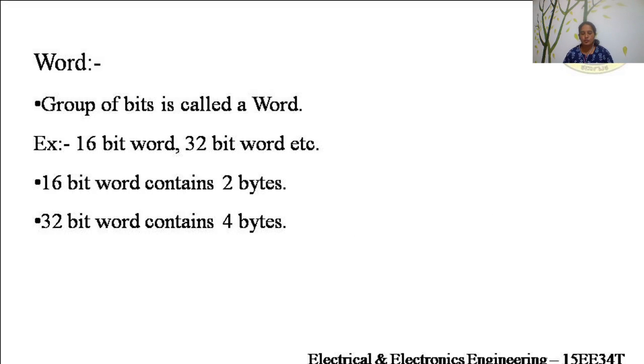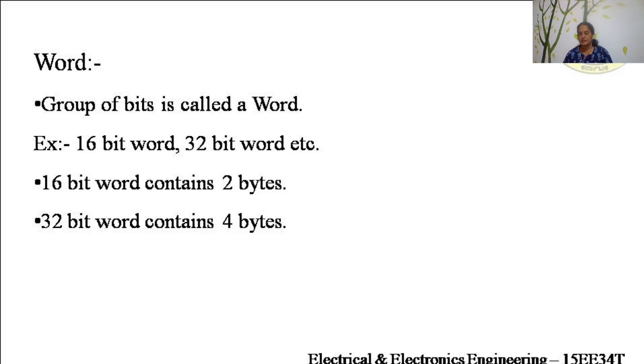We shall move on to the definition of word. Group of bits is called a word. Example 16-bit word, 32-bit word, etc. Since byte is of 8 bits, 16-bit word contains 2 bytes and 32-bit word contains 4 bytes.